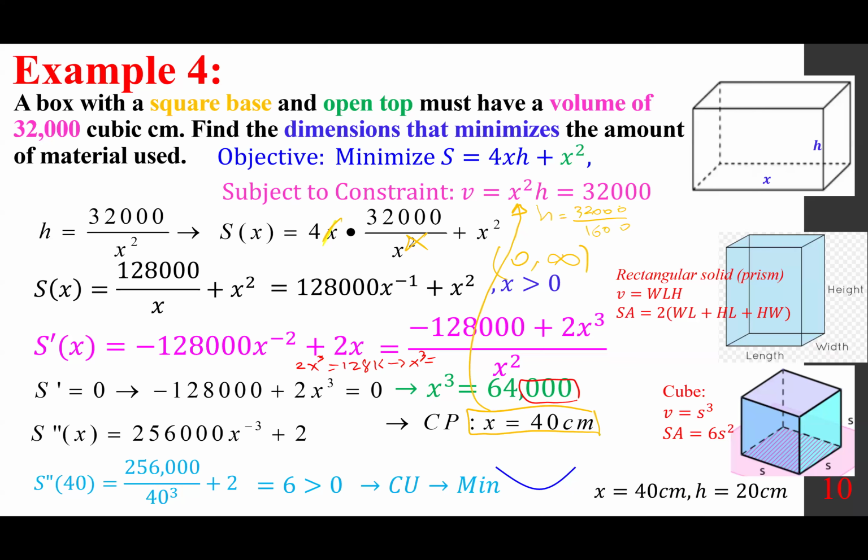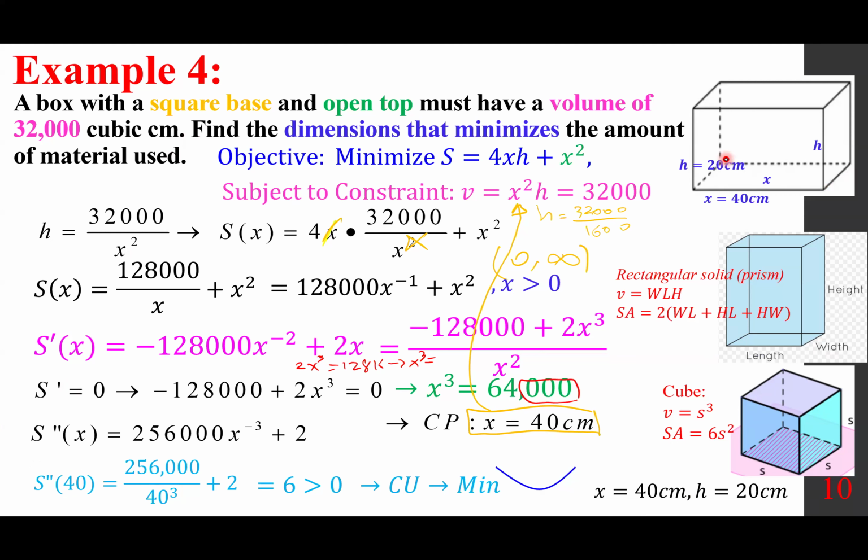So we get h equals 20. We're done. They didn't ask for the minimum surface area. They just asked for the dimensions 40 by 40 by 20. That's all there is to it.